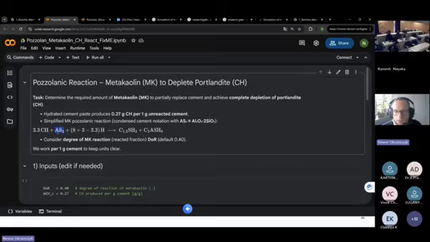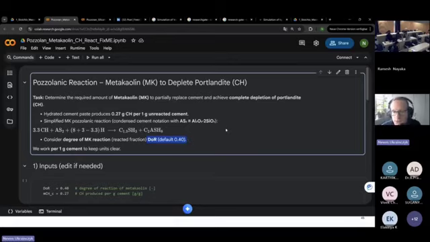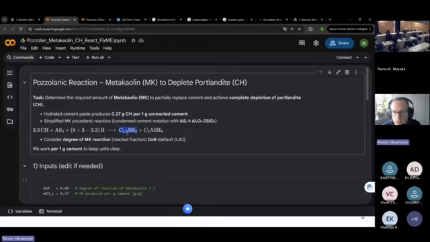This is the chemical composition of pure metakaolinite. Again, we assume that the degree of reaction is 0.4. We are writing the reaction, again 1.3 stoichiometry assumed for CSH, and of course now we have also the aluminate, and the typical reaction product of the metakaolinite pozzolanic reaction is strätlingite.